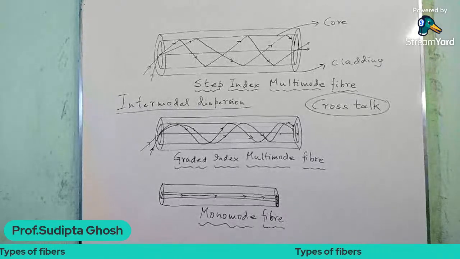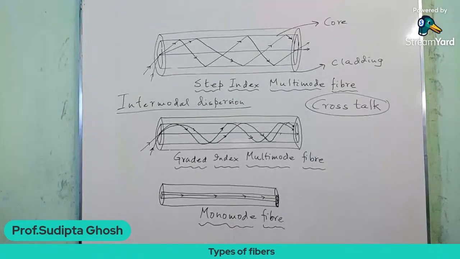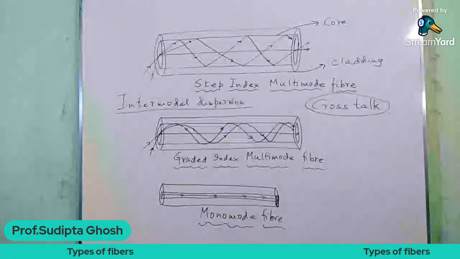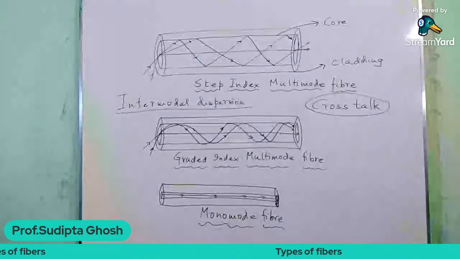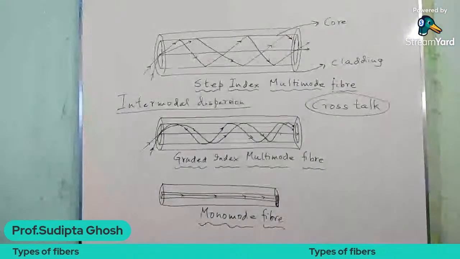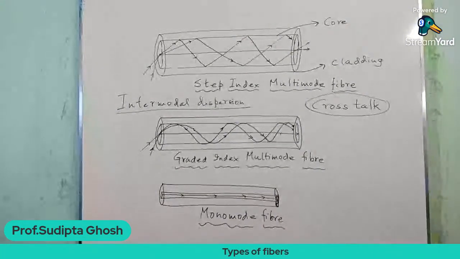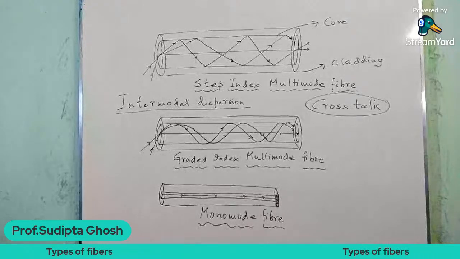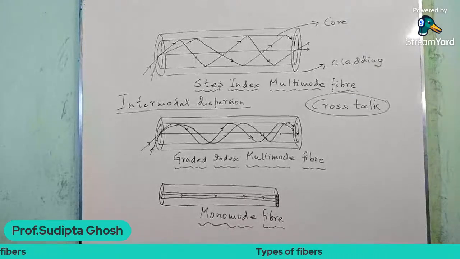But even with cladded optical fiber there is a chance of crosstalk, because if the angle of incidence at the core cladding interface becomes less than the critical angle, then a part of the light can escape and may cause crosstalk. So crosstalk is an important phenomenon whenever we discuss optical communication systems.